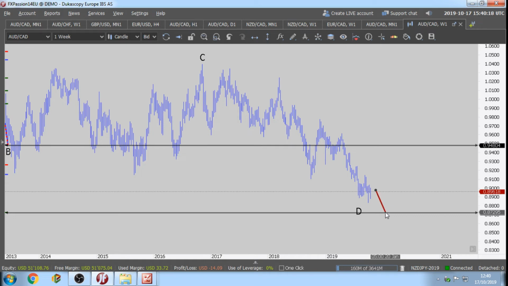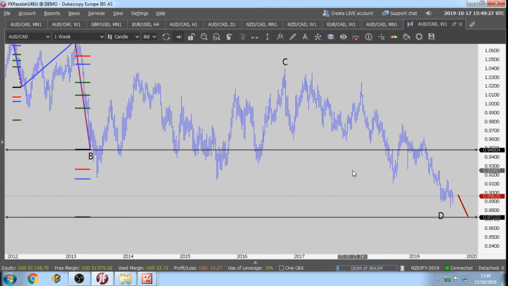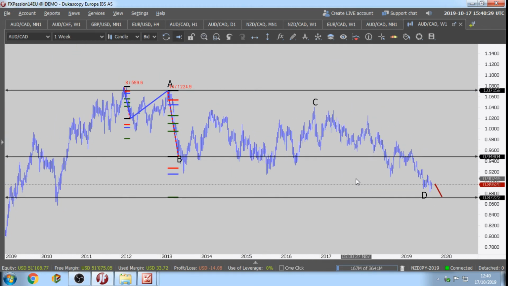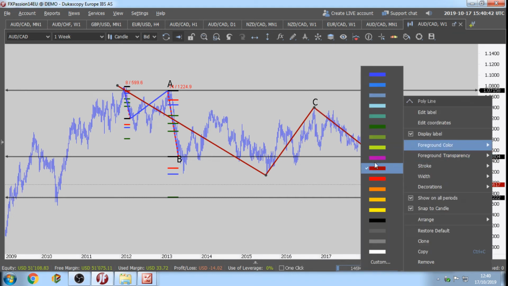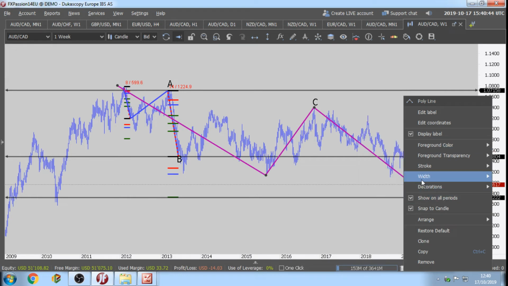When the market hits the D extension, it's going to market wave. When the extension is over, everybody, market wave, remember, extension, retracement, extension. When the extension is over, what is the market going to do?